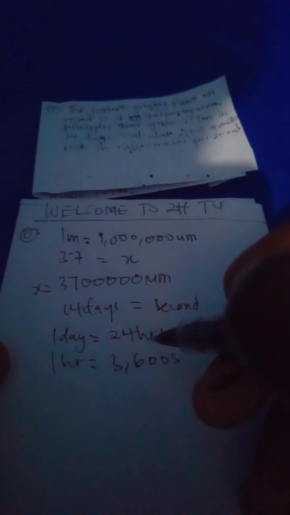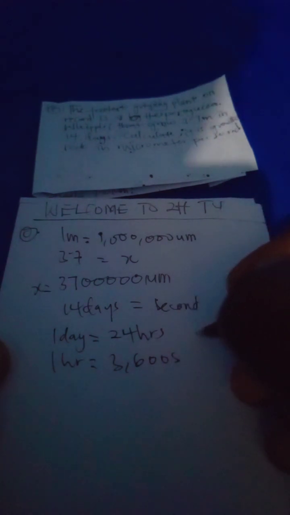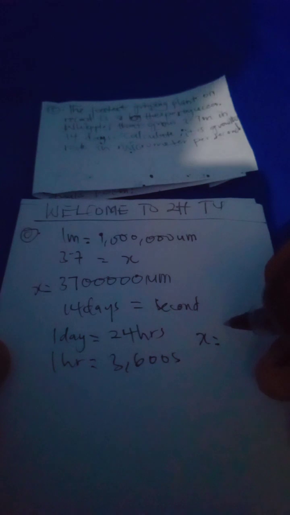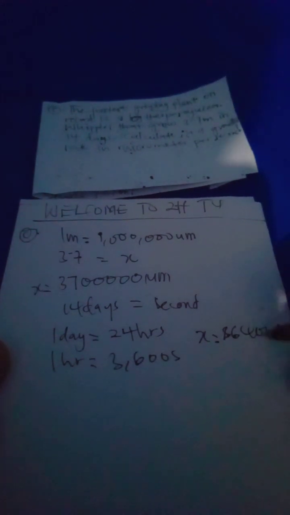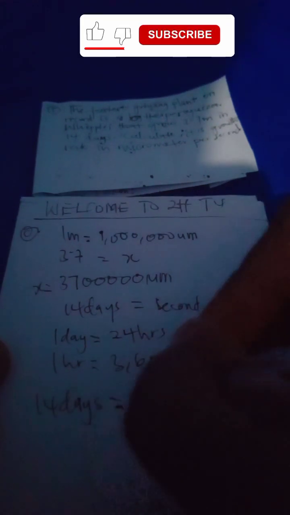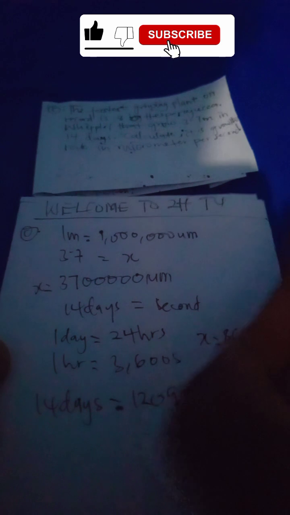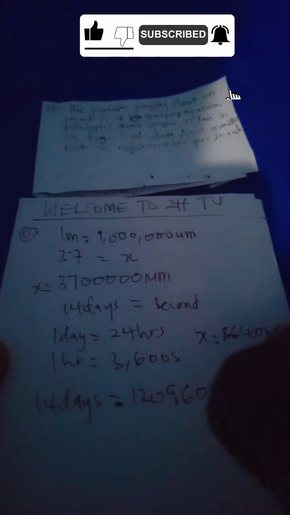So it'll be 24 times 3,600, and you get a value of 86400 seconds. This is a day, so we multiply this by 14 to get the 14 days. So 14 days in seconds is equal to 1209600 seconds.